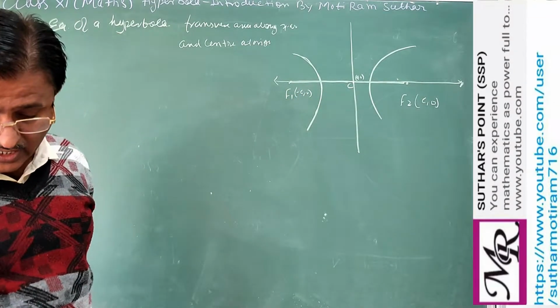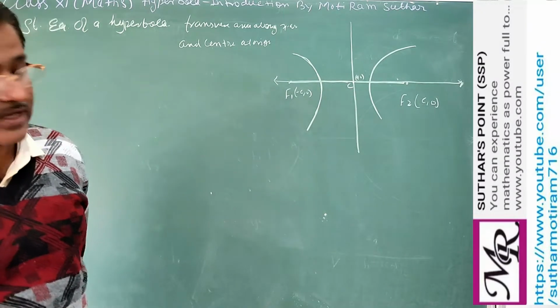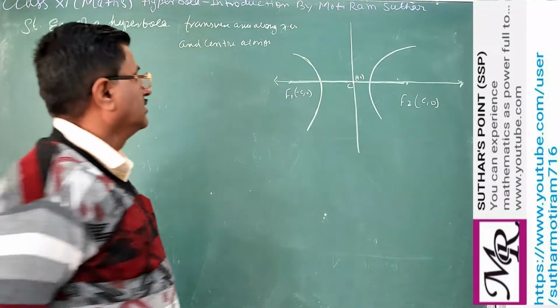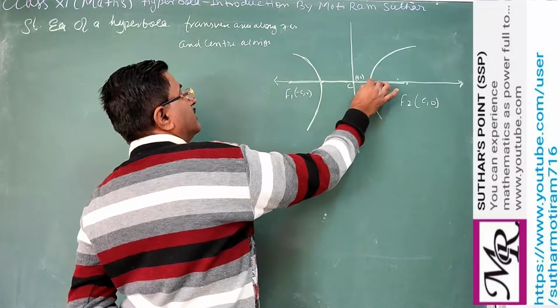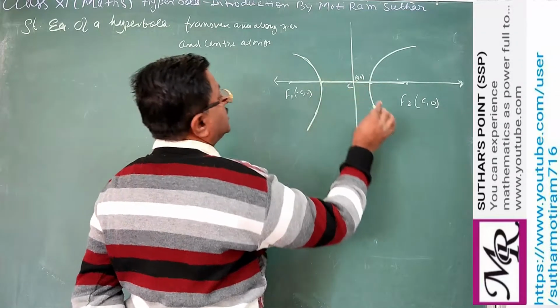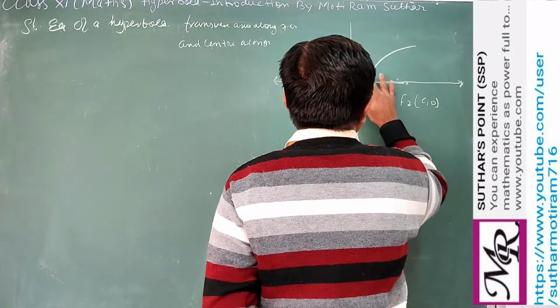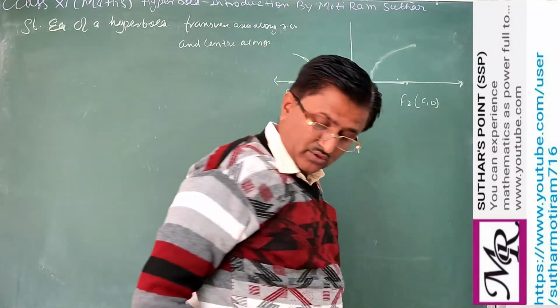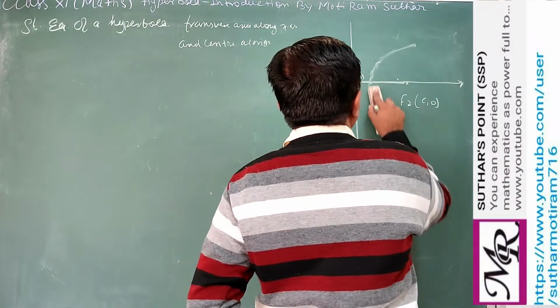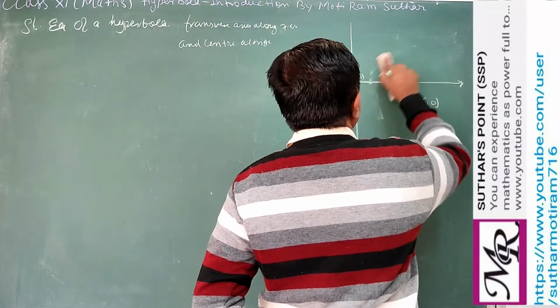Also we have taken the vertices, the distance between these we are taking as 2a.